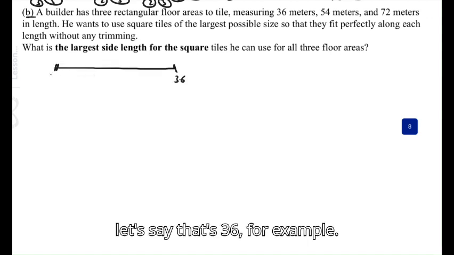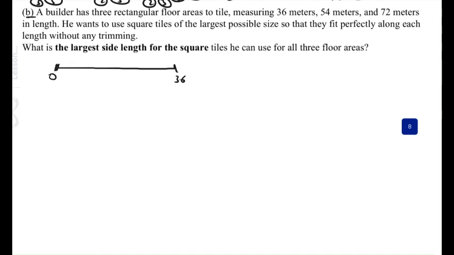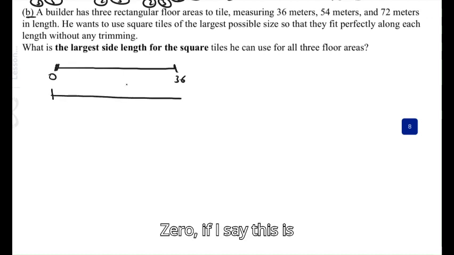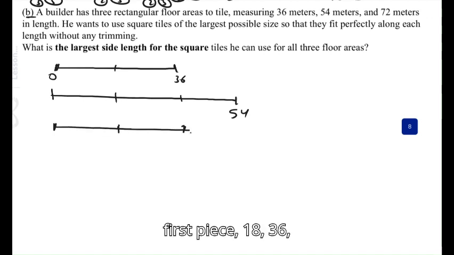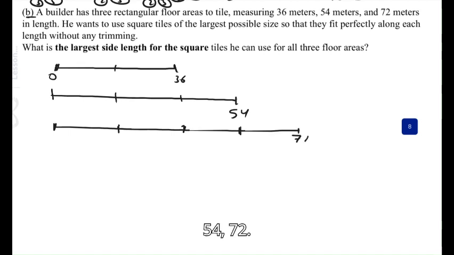This is 0. Let's say that's 36, for example. 0. If I say this is the half of 36, 18, 36, 54. Again, 0, first piece, 18, 36, 54, 72.